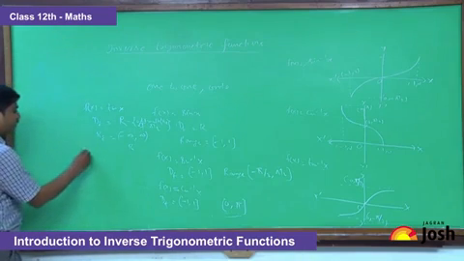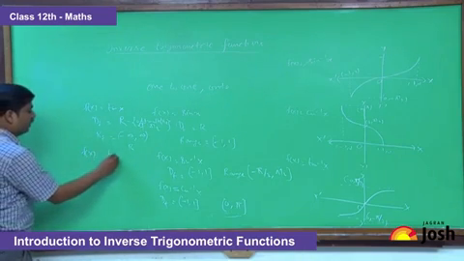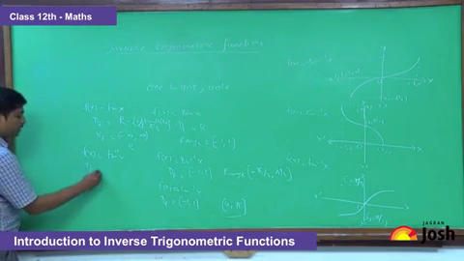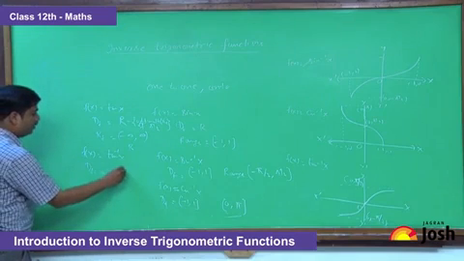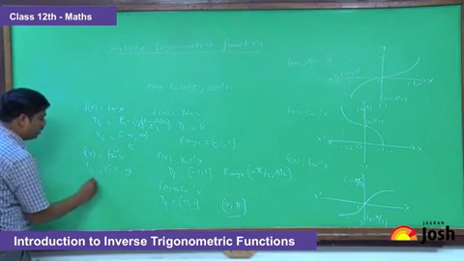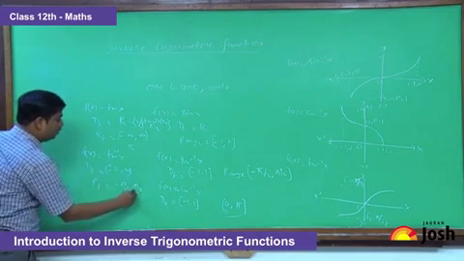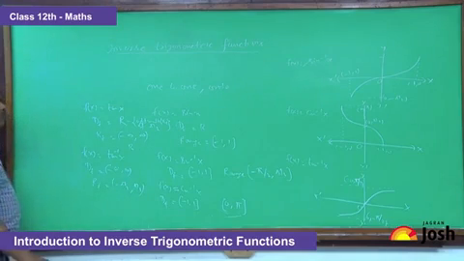However, when we define the inverse trigonometrical function for tan x, that is tan inverse x, its domain is -∞ to infinity, whereas its range is from -π/2 to π/2, both being excluded.